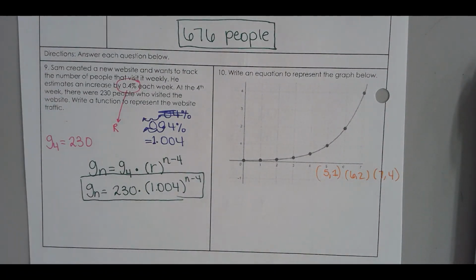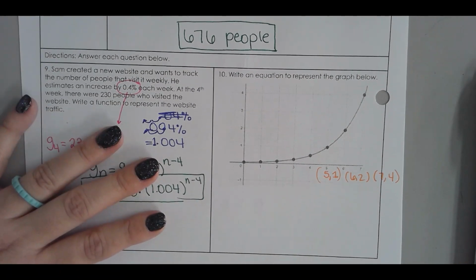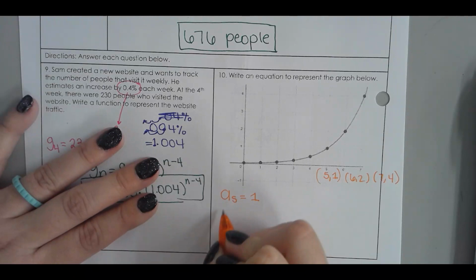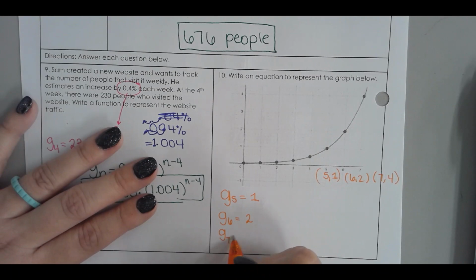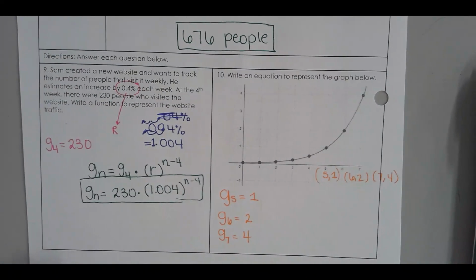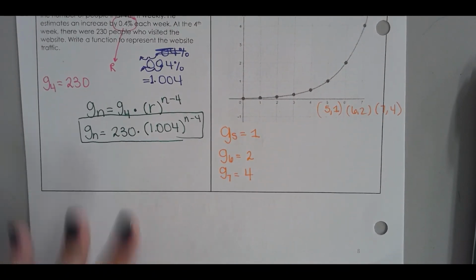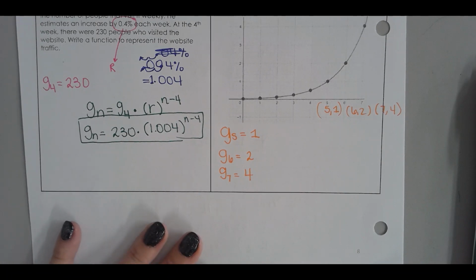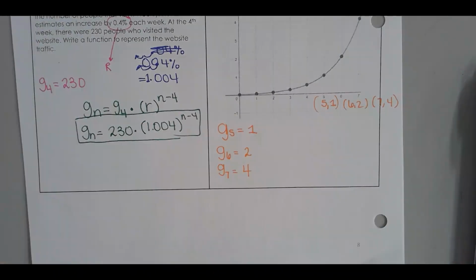If I think of this in the sense of sequences, geometric sequences, it is exponential. This would be as if my 5th term is 1. I use G. My 6th term is 2. My 7th term is 4. If that were the case, what is my ratio? 2, because I'm multiplying by 2 to get my y values.